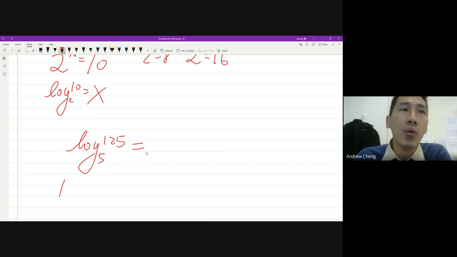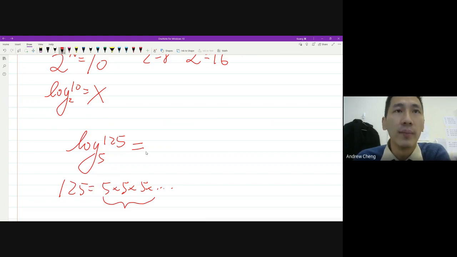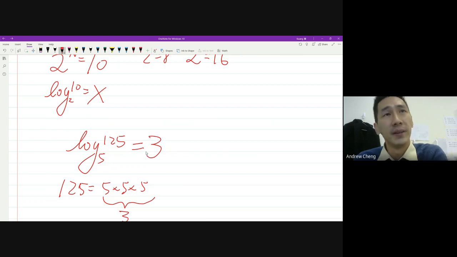What I mean is, 125 equals 5 times 5 times 5 and so on. How many times is this base multiplied by itself? Actually, it's 3 times. 5 times 5 times 5 equals 125. So that equals 3.